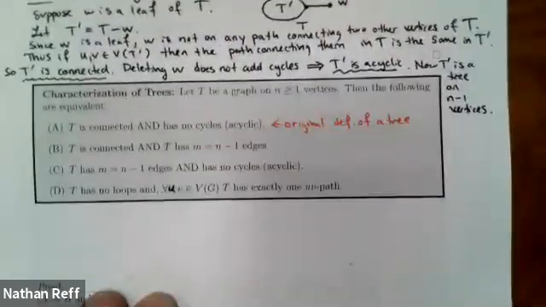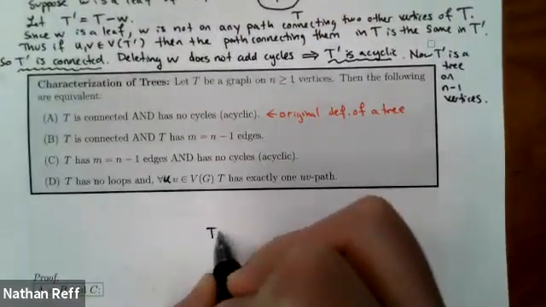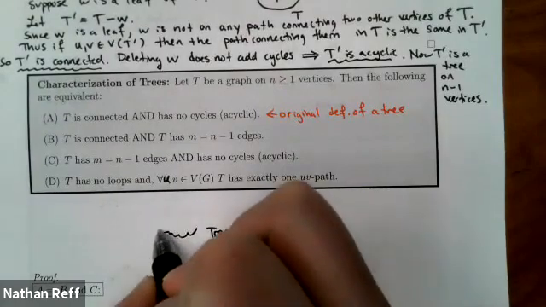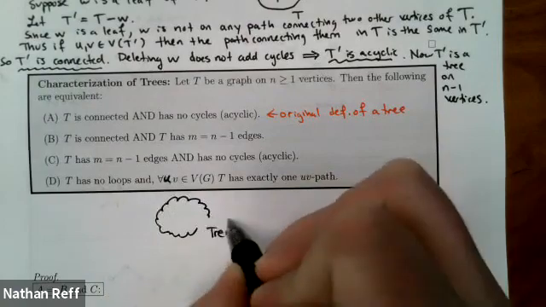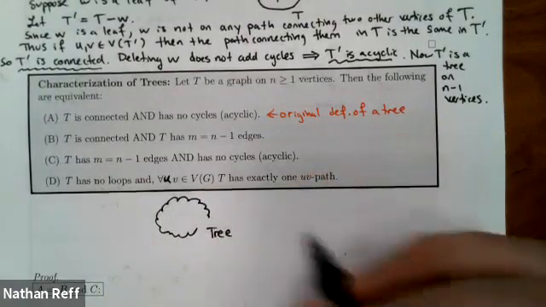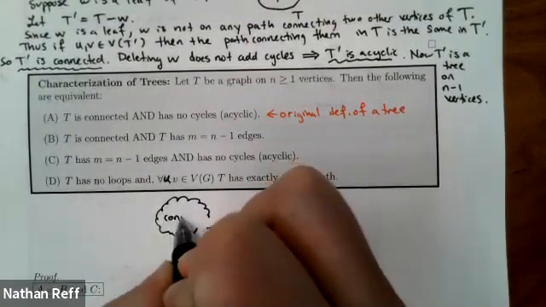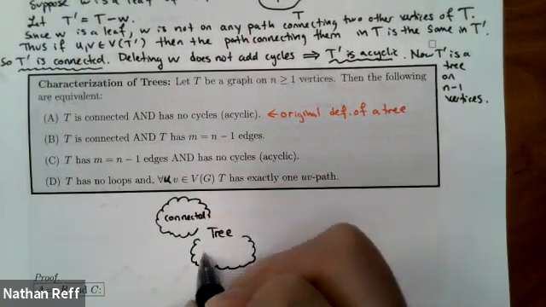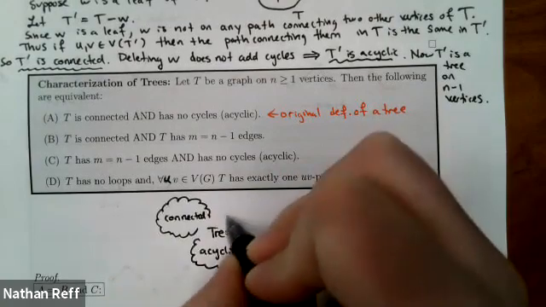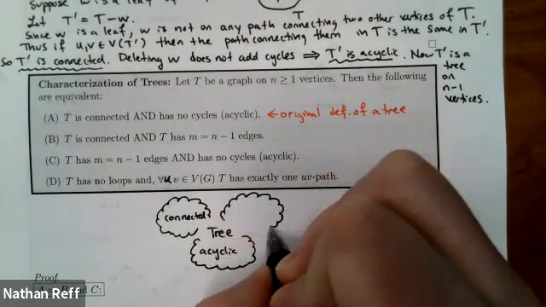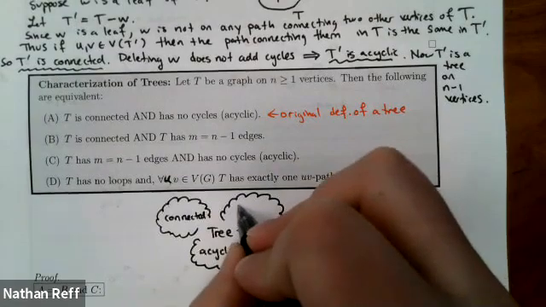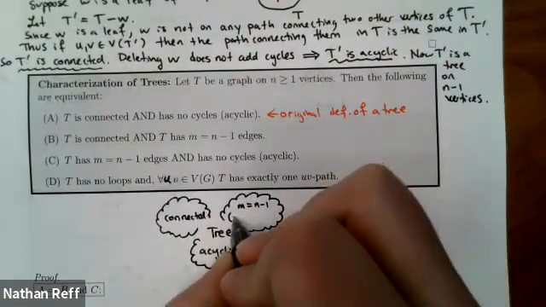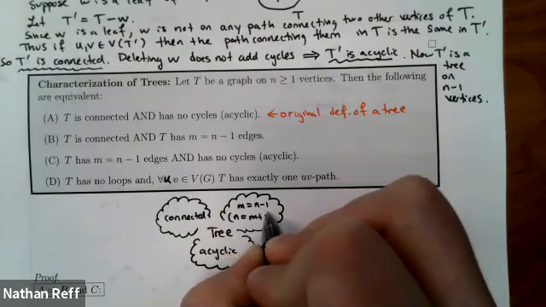Okay. So let me show you what we're getting at here. So a tree, as soon as you have any two of these, you'll have the other one. Okay. So trees are connected and they are acyclic. But it turns out that if you know that the number of edges is n minus 1, equivalently, that's just saying that the number of vertices is m plus 1, right?